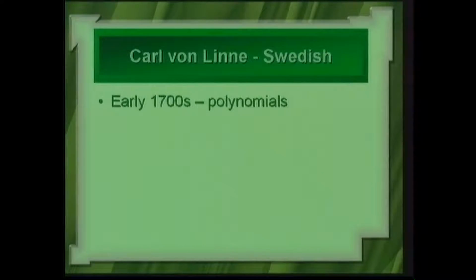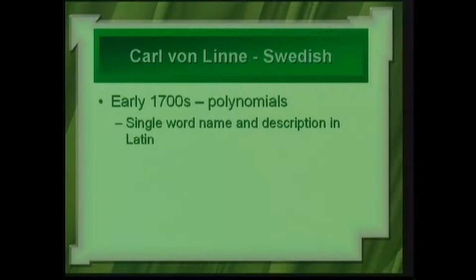So, a little bit of background for Linnaeus's work. Carl von Linné, also known as Carolus Linnaeus. In the early 1700s, botanists used something called a polynomial when they described a plant. They would have a single word name for it, and then a description of the plant in Latin.